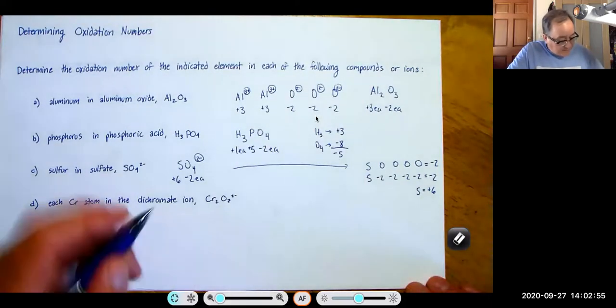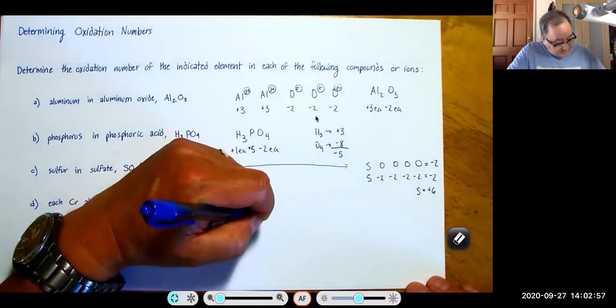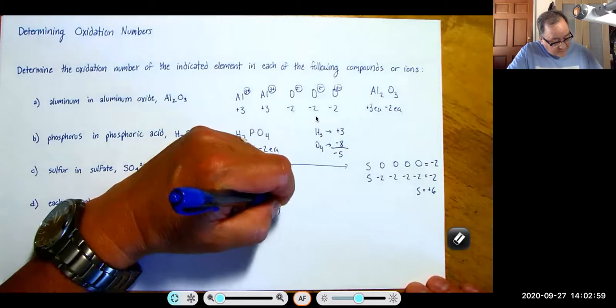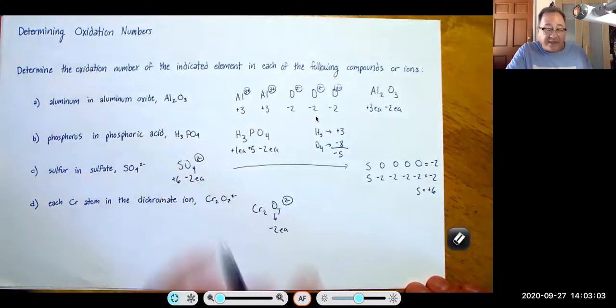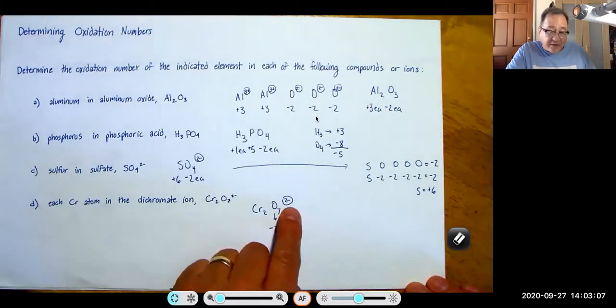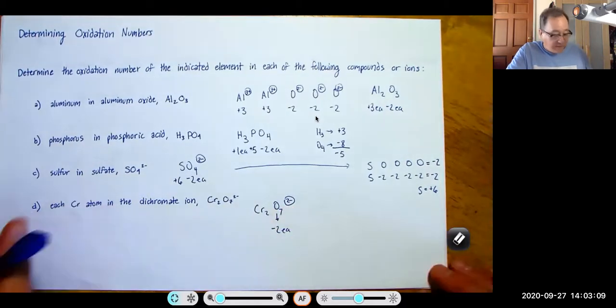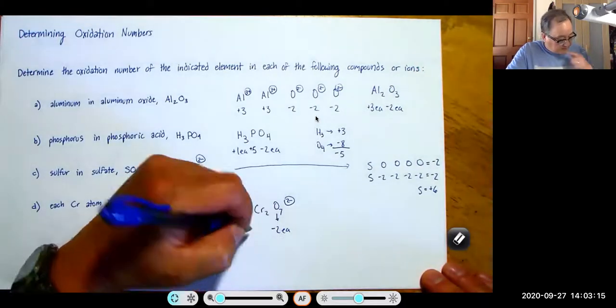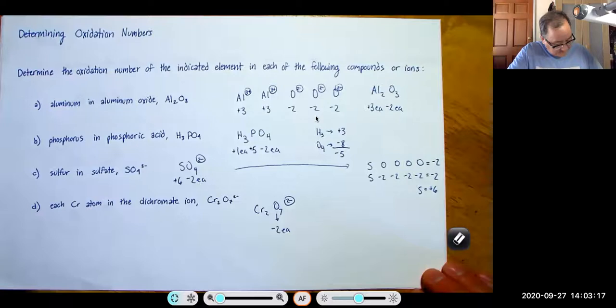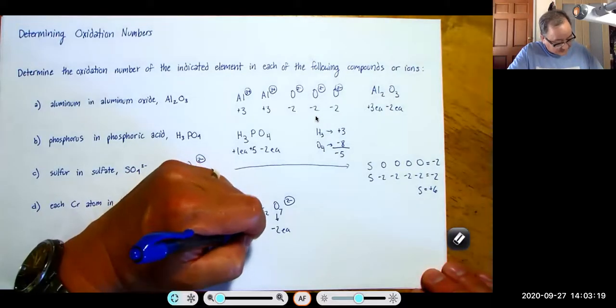For the dichromate, I know that this has to be -2 each for -14. 2 of that -14 is accounted for here, so I can think about -12. So 2 of these have to add up to +12. So that would be +6 each.